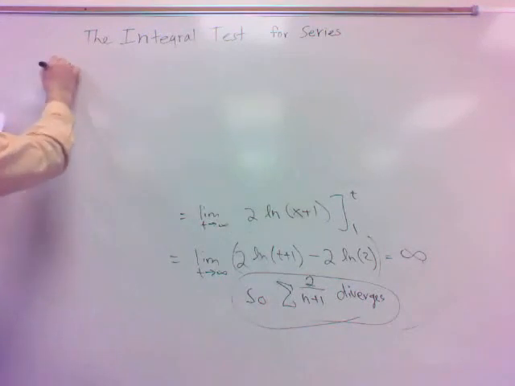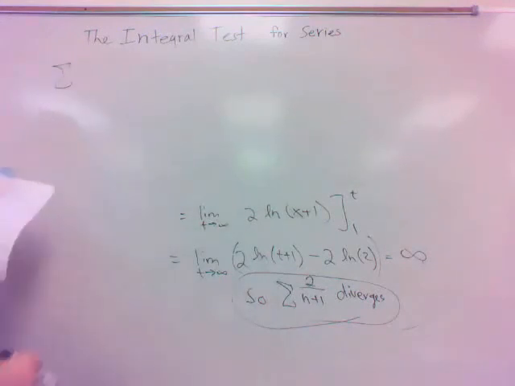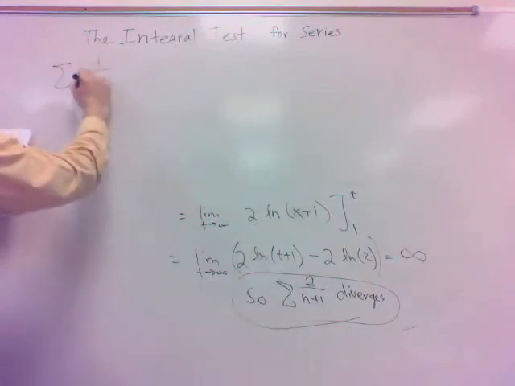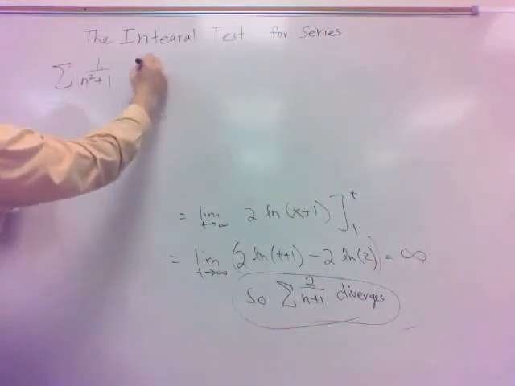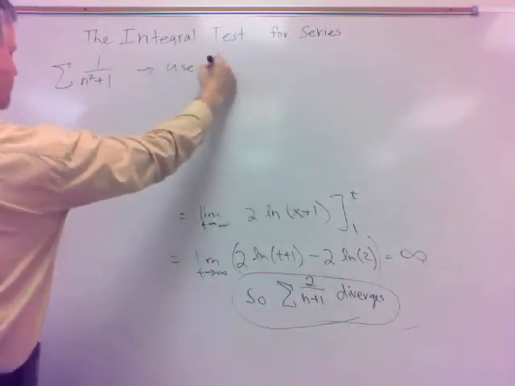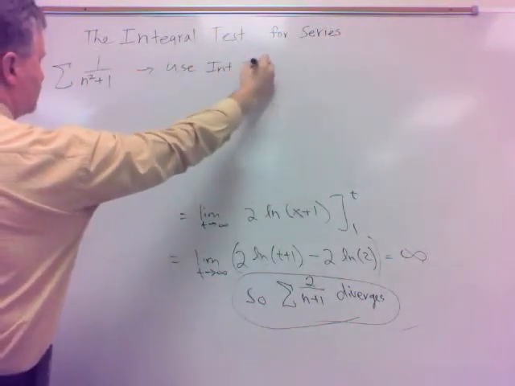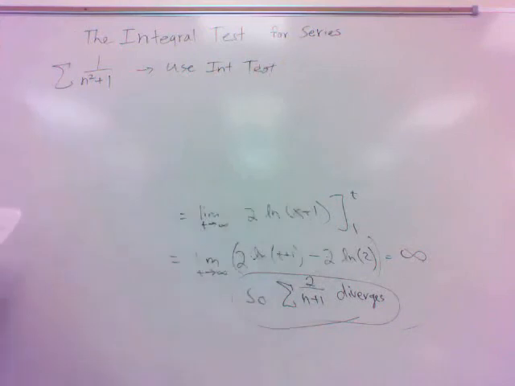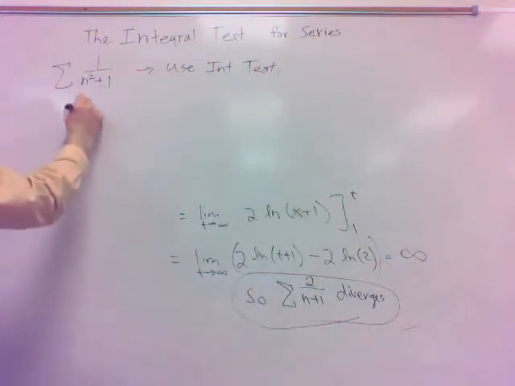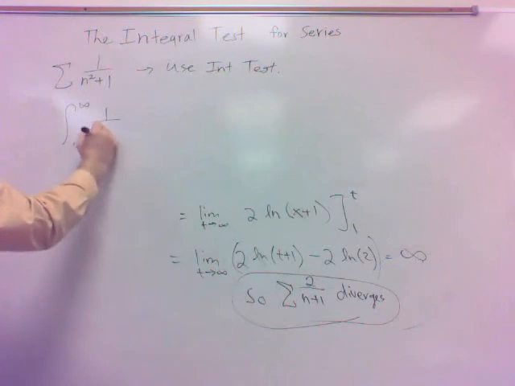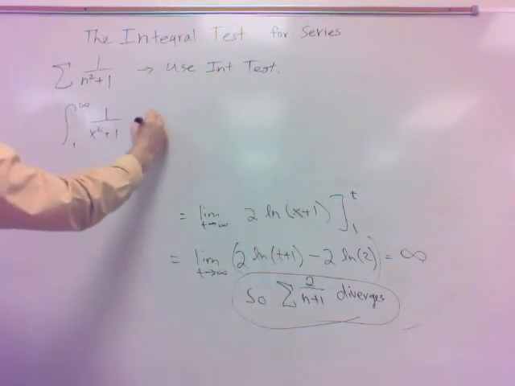All right, series 1 over n squared plus 1. Integral test on it. All right, so we're looking at the integral 1 to infinity of 1 over x squared plus 1 dx.